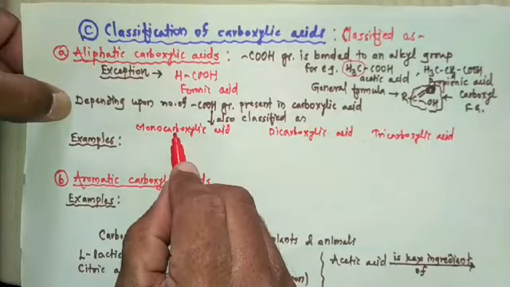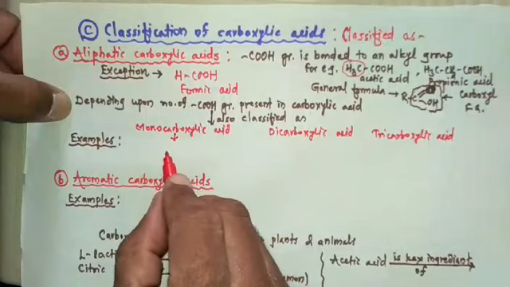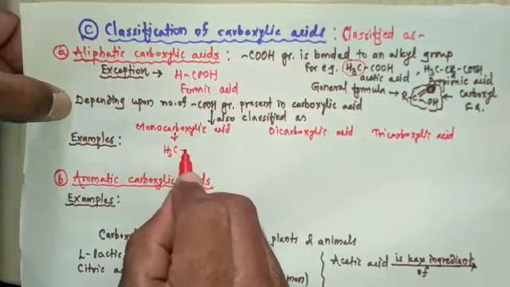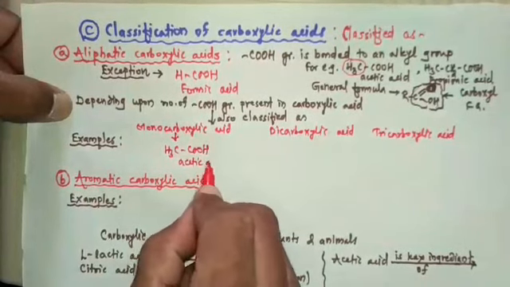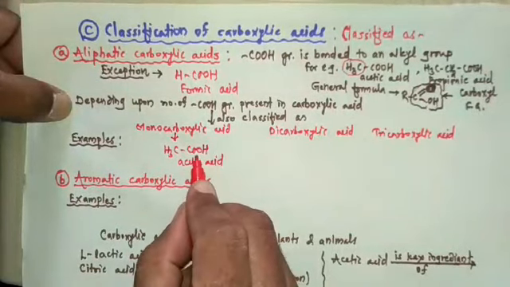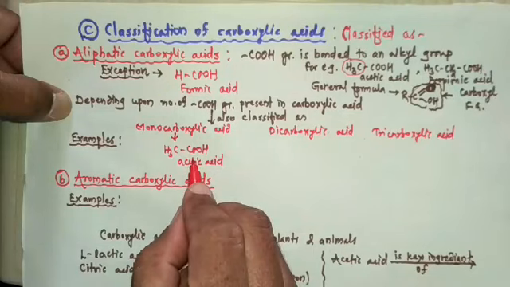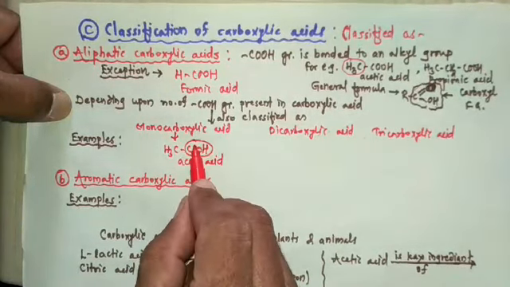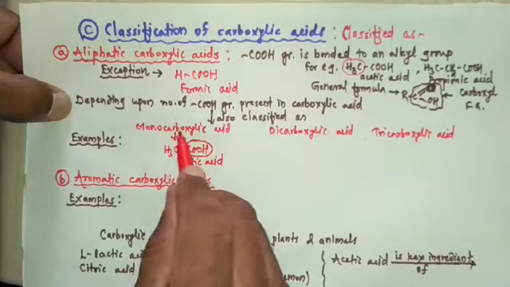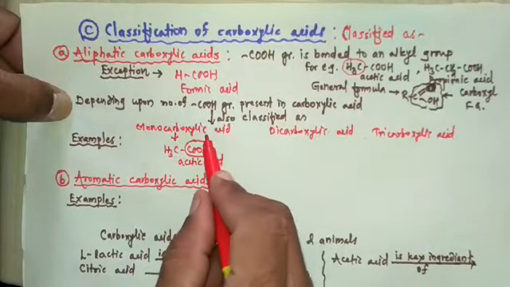So let's study the example of monocarboxylic acid. This is the example of monocarboxylic acid, and its name is acetic acid. In the acetic acid, only one carboxyl group is present. That's why it is the example of monocarboxylic acid.